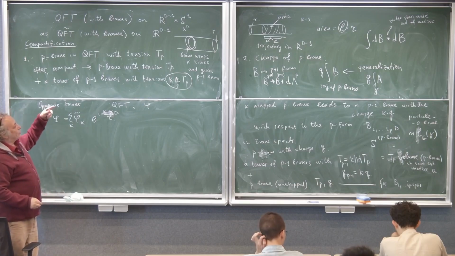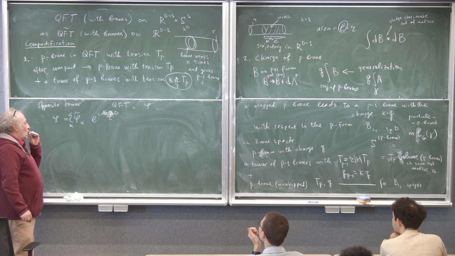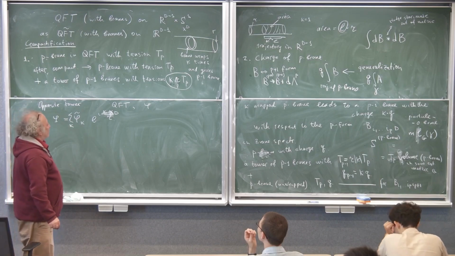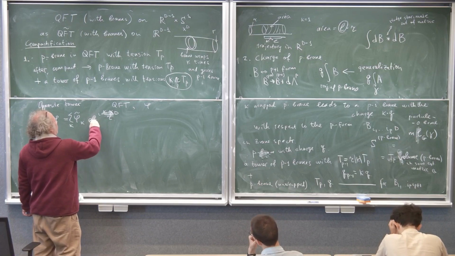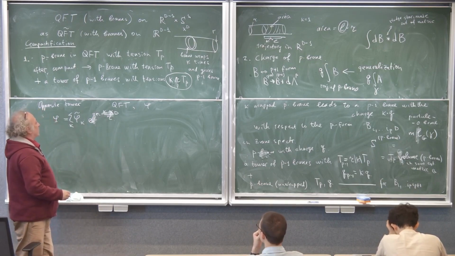I am just doing a Fourier expansion. I think in this formula you also want a factor of 2 pi because you use r as the circumference, not a radius. Yes, okay, 2 pi, yes.